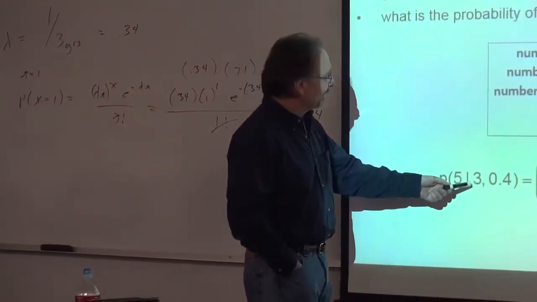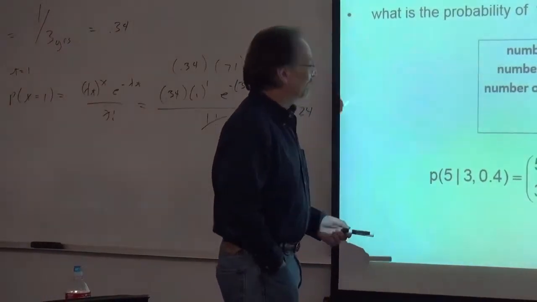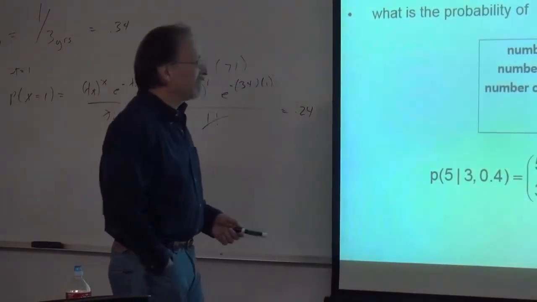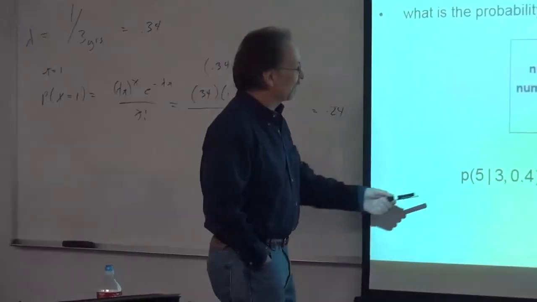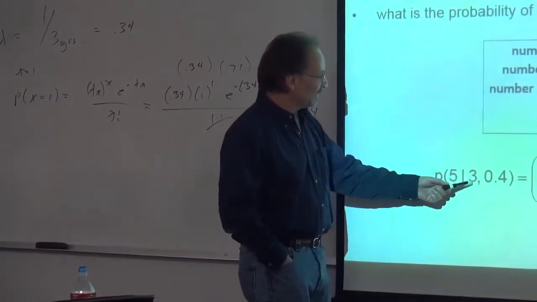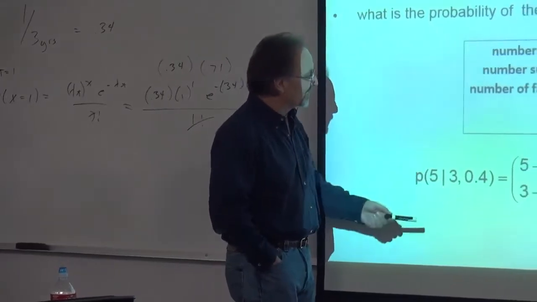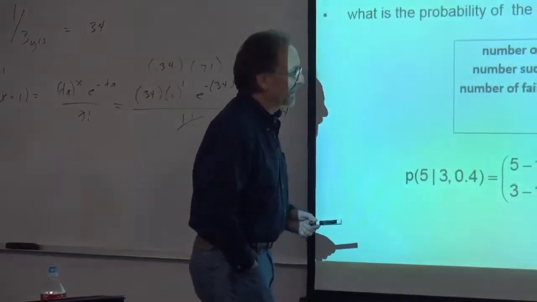And this is the typical notation for the Pascal or negative binomial. It's 5 attempts, vertical slash, number of successes, and the probability of success, P.